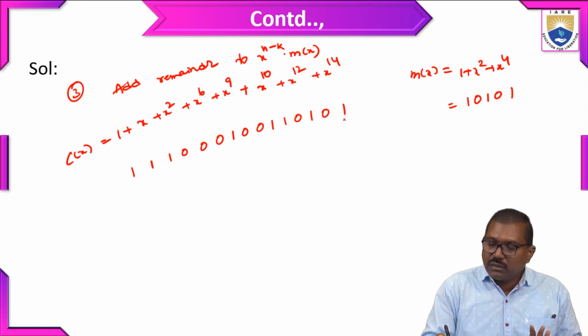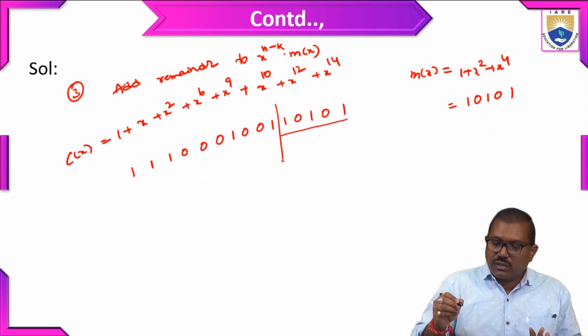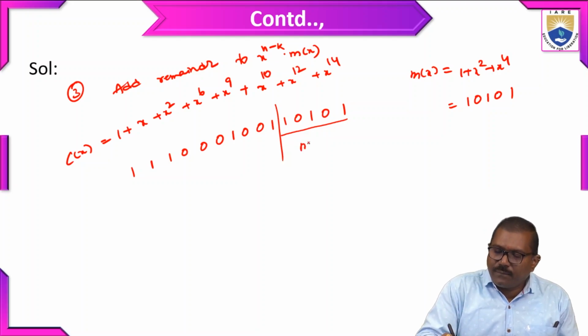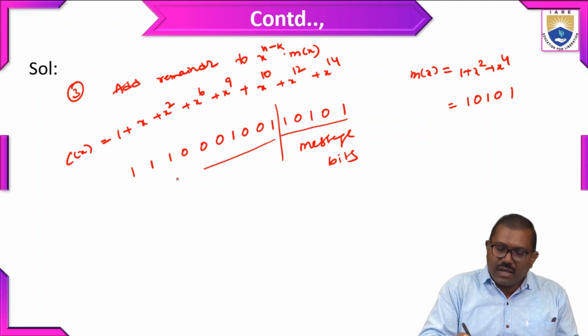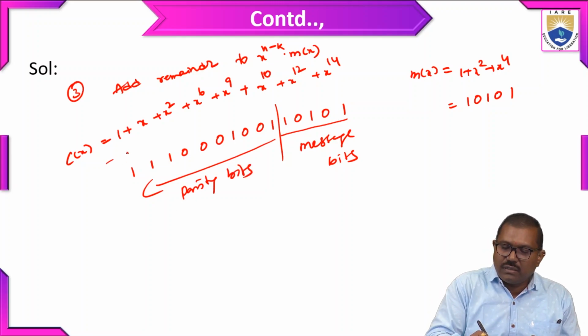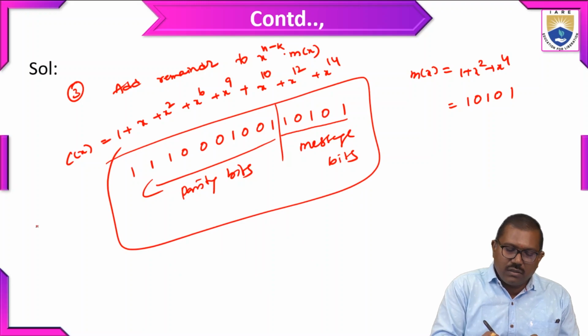So coming to the right hand side, 1, 0, 0, 1. So this one, 1, 0, 1, 0, 1, is my message bits. And this is my parity bits. Okay. So this is my total code.